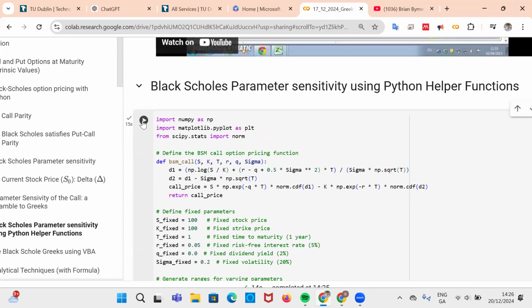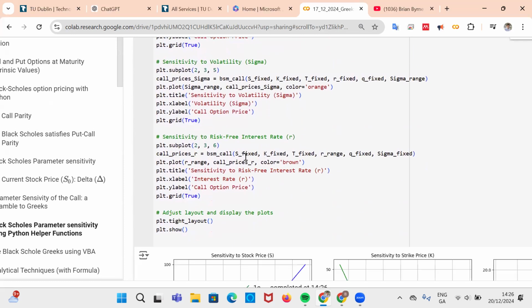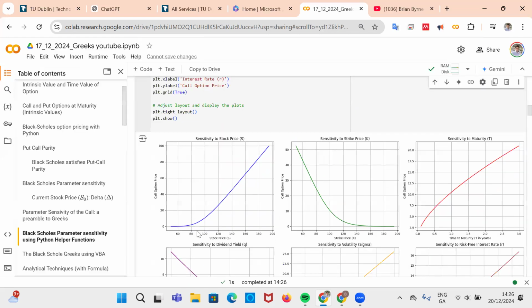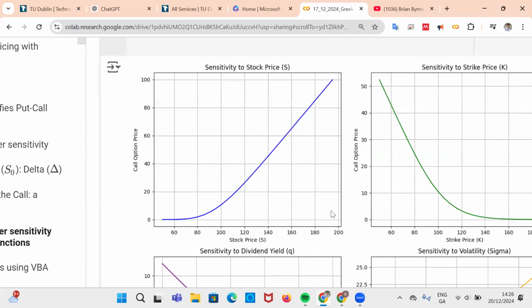Okay, so when we run our snippet of code here, we're basically taking each of the parameters. So we're observing the effect on the Black-Scholes call valuation by changing the stock price. So we lock all the parameters except for the stock price, and then we allow that to change sequentially, and we can observe the effect here going from 50 to 200.